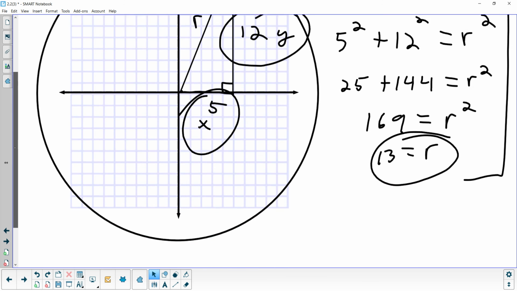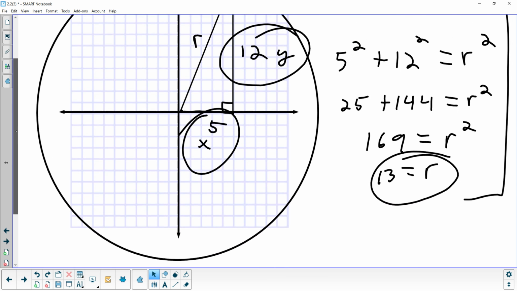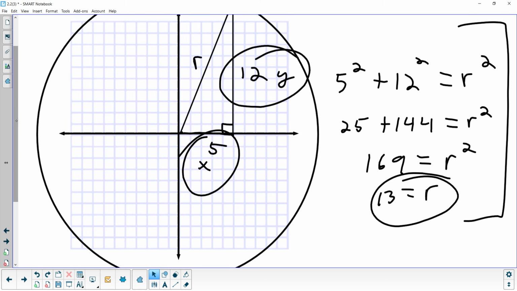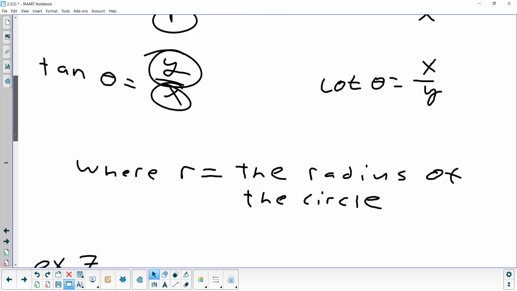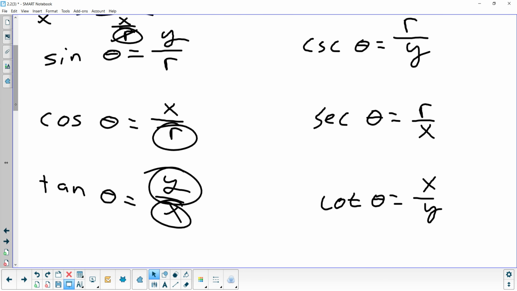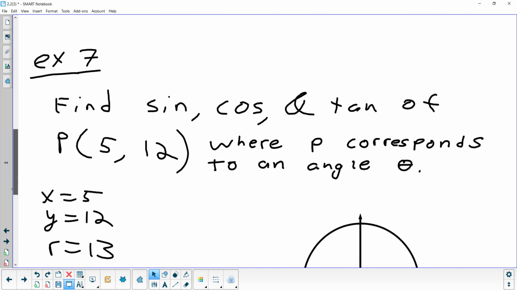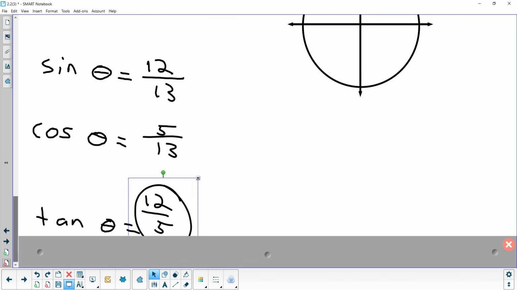So that's how you do a circular trig problem on a circle that doesn't have a radius of 1. Basically, just take your x and your y and divide them by the length of your radius. And that gives you what you need. Any questions on those three?